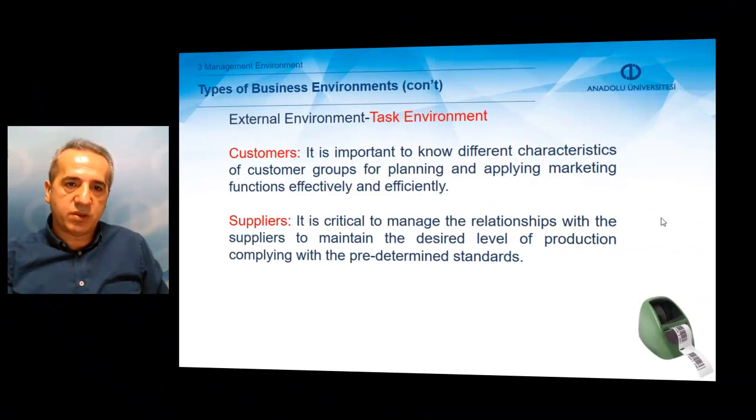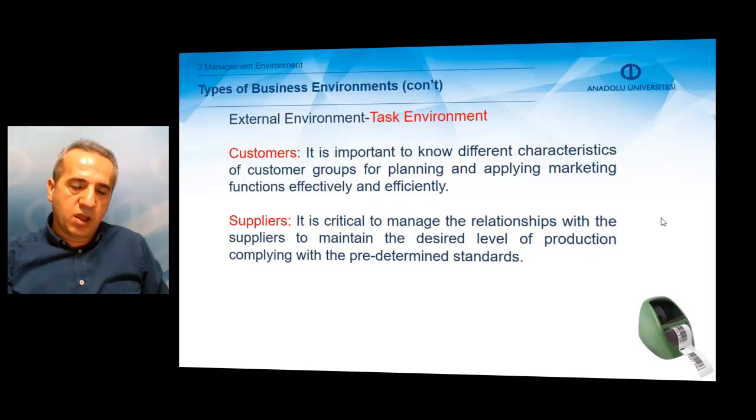So the elements of the task environment are customers, for example. It's important to know different characteristics of customer groups for planning and applying marketing functions effectively and efficiently. The second element is suppliers within the task environment, and it's very critical to manage the relationship with suppliers to maintain the desired level of production, complying with the predetermined standards.